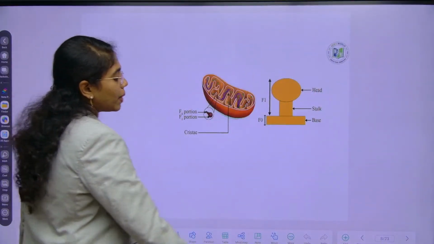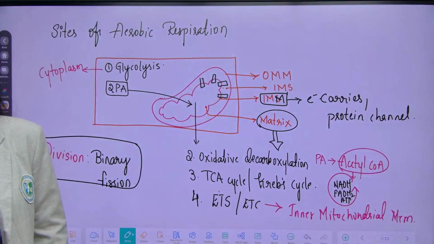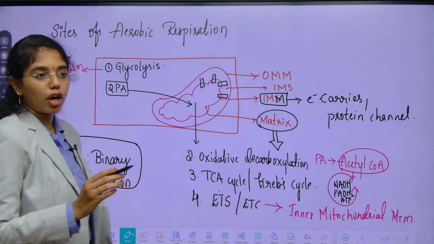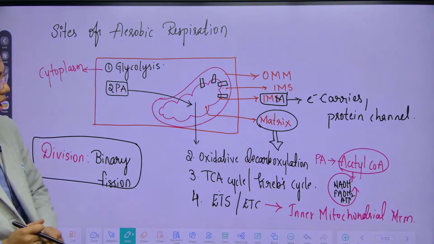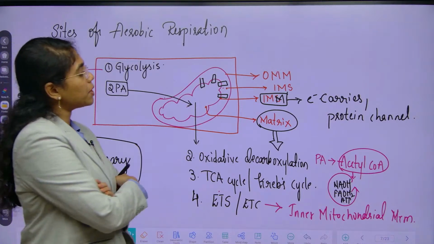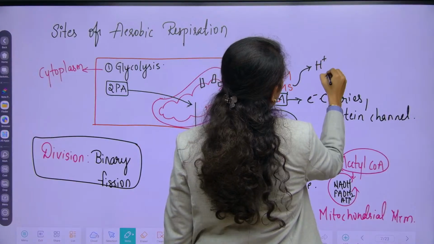We have complex 5 which is named as ATP synthase complex. Okay, ATP synthase or F0F1 particles or F0F1 complex. So, after ETS process or electron transport chain, what happens? Intermembrane space will be completely equipped with protons.